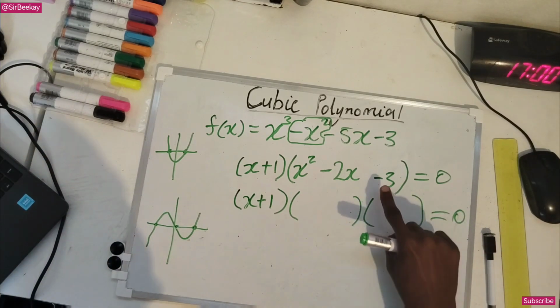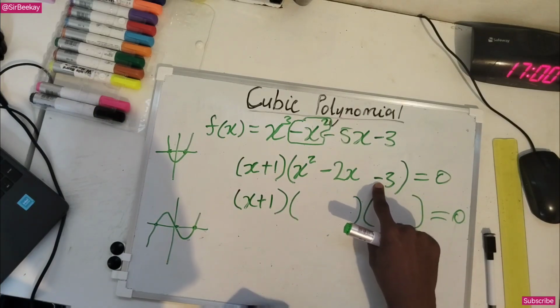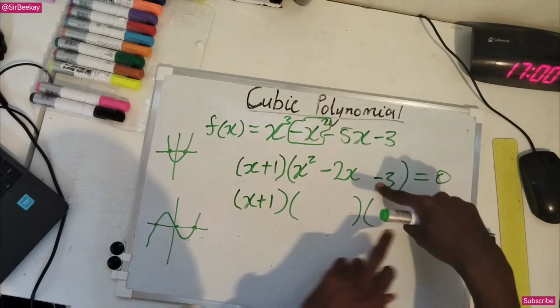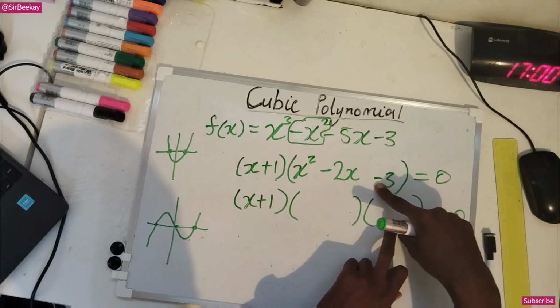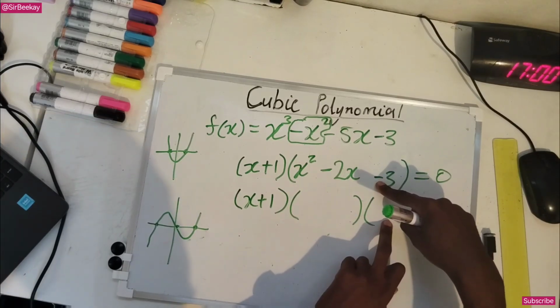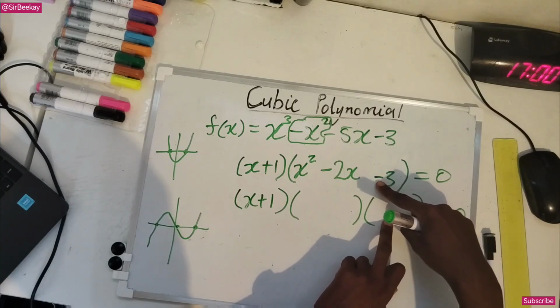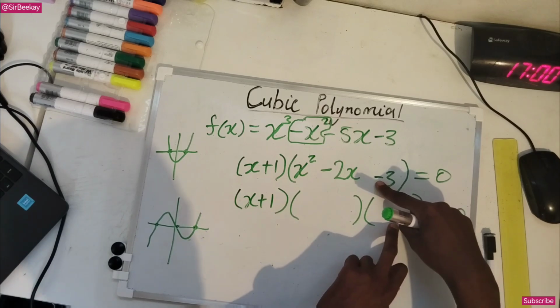So remember, I said to you, this here tells us that the 2 signs down here will not be the same. If it was a positive, it would have meant these 2 here will be the same. Since it's a negative, it simply means these 2 down here will not be the same.